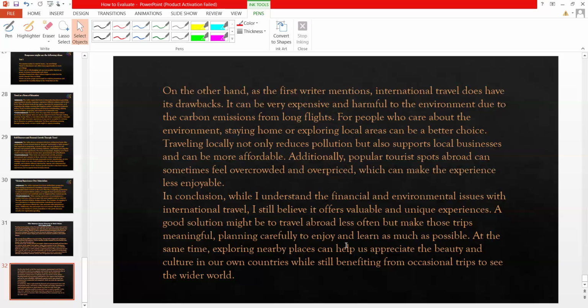But still, I would rather say that it is kind of a balancing which is done in the last paragraph. He agreed that a person should go to other countries. But still, the writer says that yes, it's okay if you visit your own places also. So it is kind of a balanced evaluation, or a balanced statement, which was finally given.